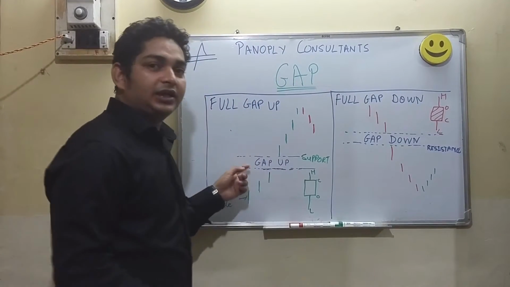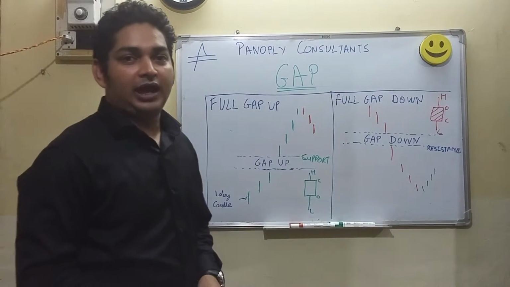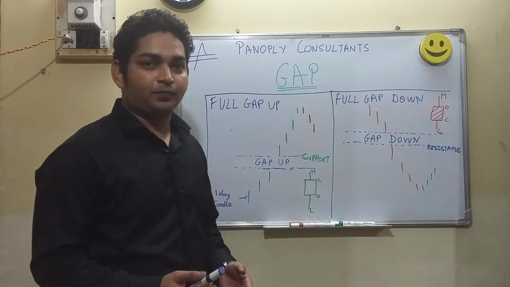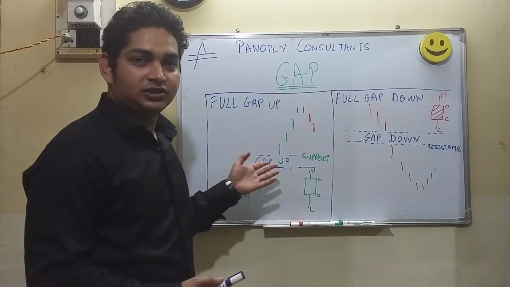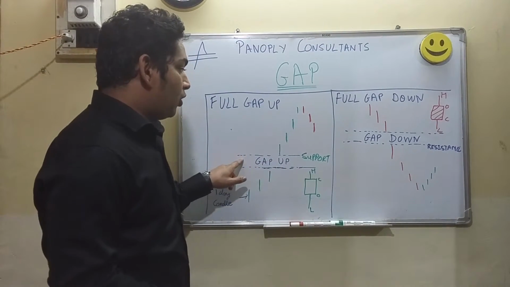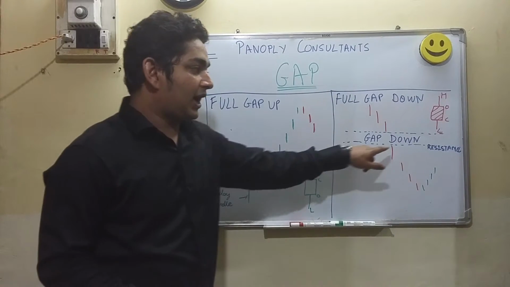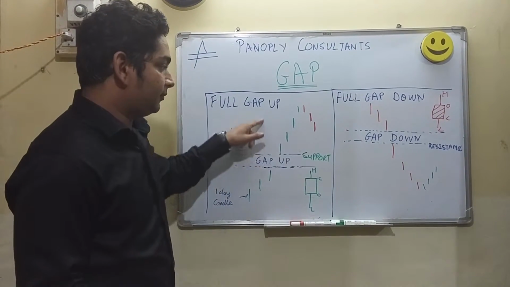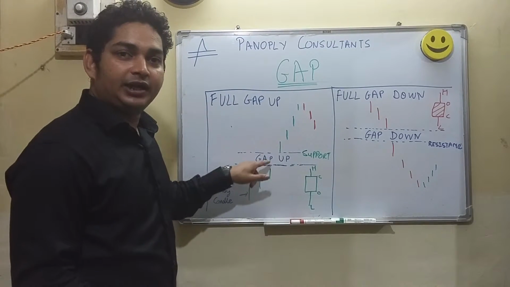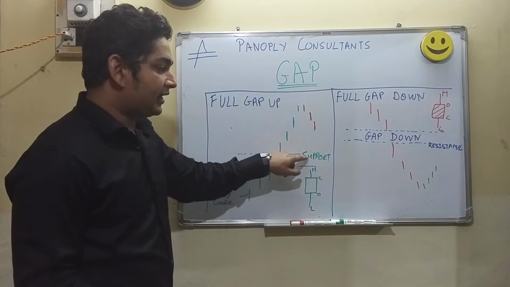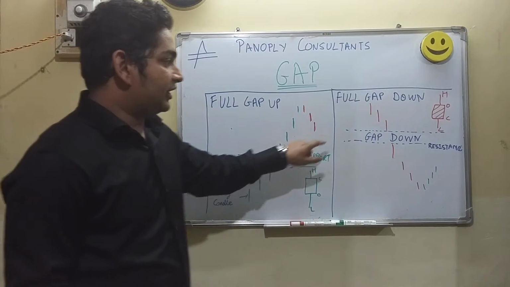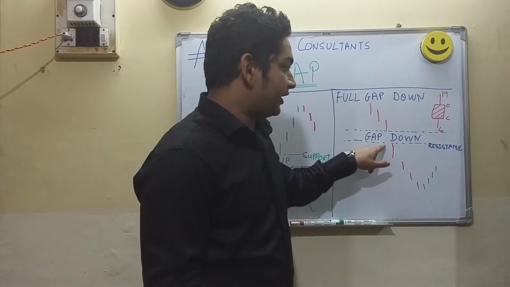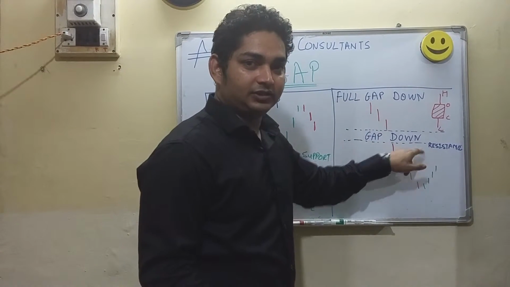Now gaps are very important for trading as they are very simple to see in the charts, and gap also acts as support and resistance. When the market is in an uptrend, the gap which is created in the upward direction will act as a support, and when the gap is created in the downward direction it will act as a resistance.